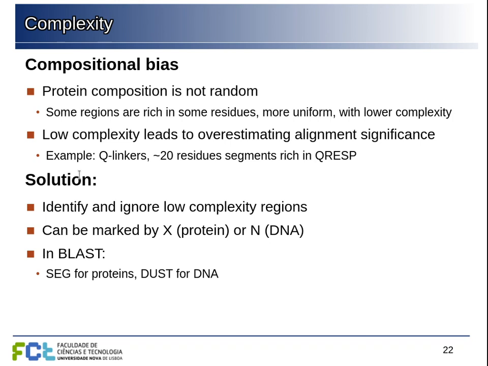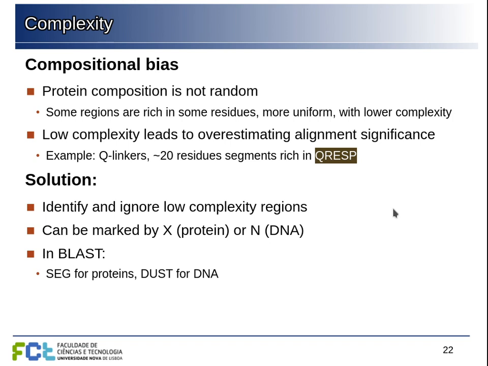For example, these Q linkers in proteins are stretches of around 20 residues, and they tend to be very rich in some particular amino acid types. So if you have proteins with these Q linkers, it becomes much more likely to find matches by chance than it would in general in the other regions.